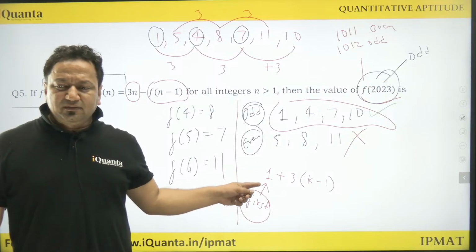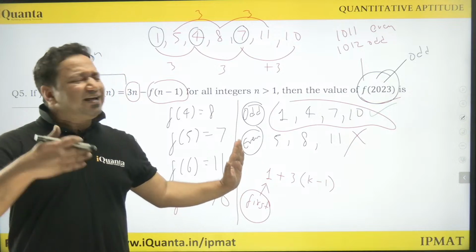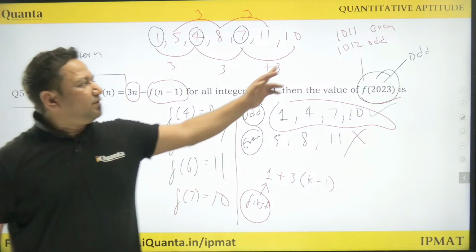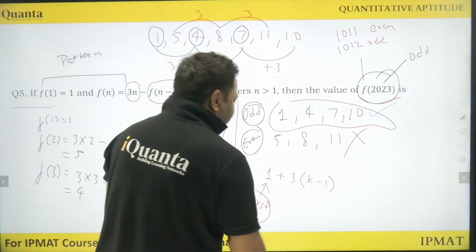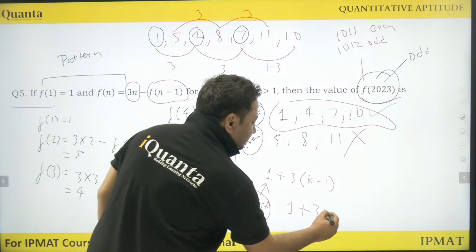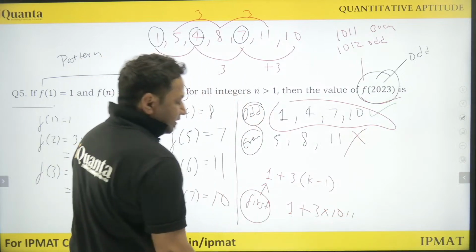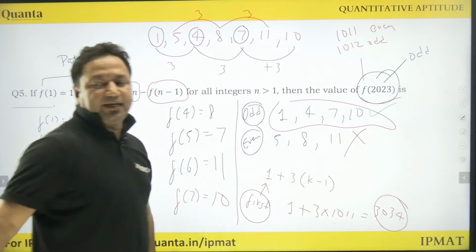Is that understood, everyone? Tell me in the comments. Be quick. First term के बाद 1011 terms और, which makes 1012th term. Let's put 1011 over here. So 1 plus 3 times 1011 is 3034. That happens to be our correct answer.